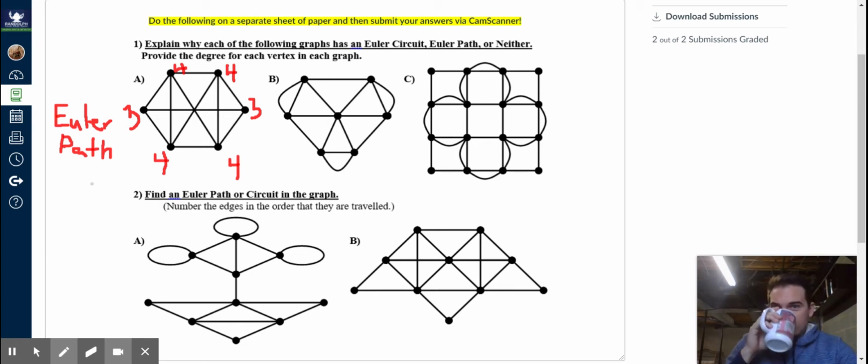Remember, path is exactly 2 odd degrees. Circuit is all even, and neither is more than 2 odd degrees. So you would go through for B and C and determine what that would be.